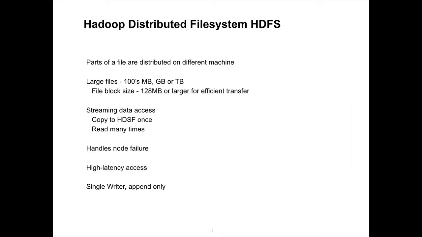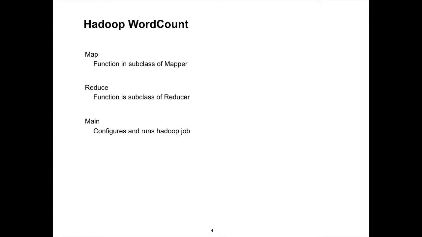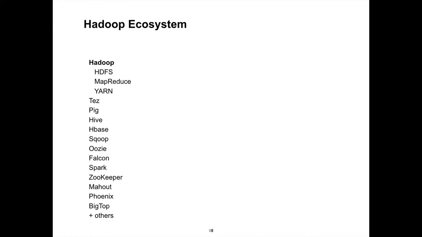So that's Hadoop, right? But now when people start talking about Hadoop, it's sort of fuzzy what they mean. Because Hadoop itself is the Hadoop Filesystem or HDFS, MapReduce, Yarn.